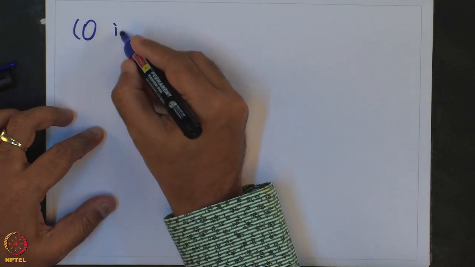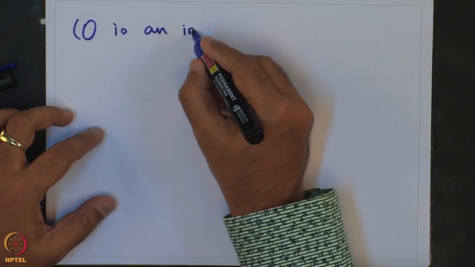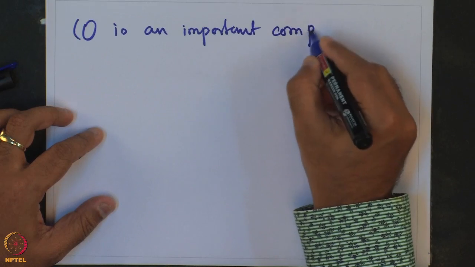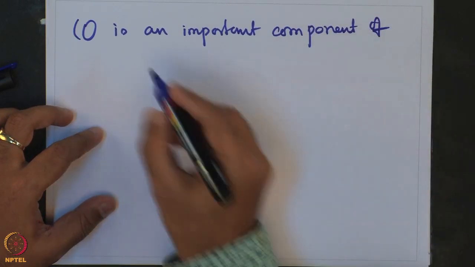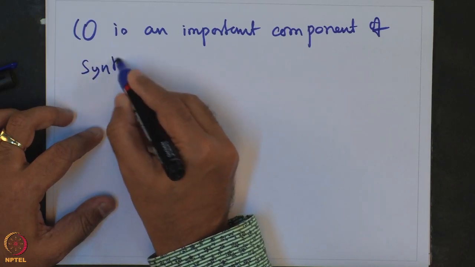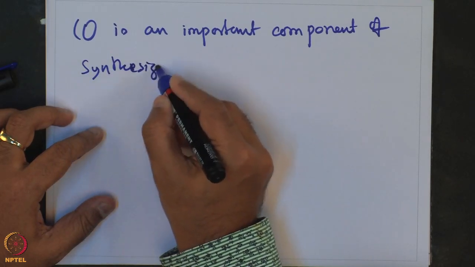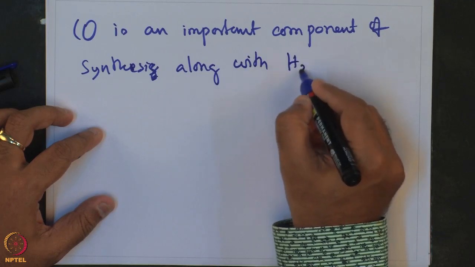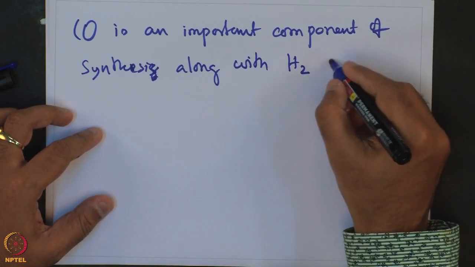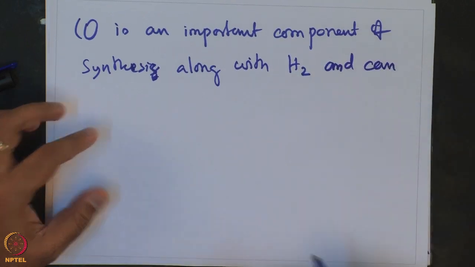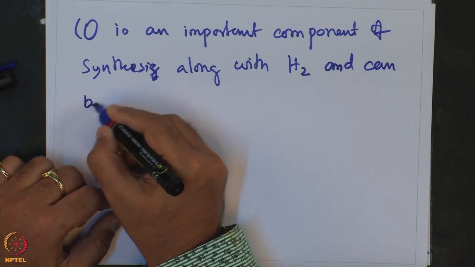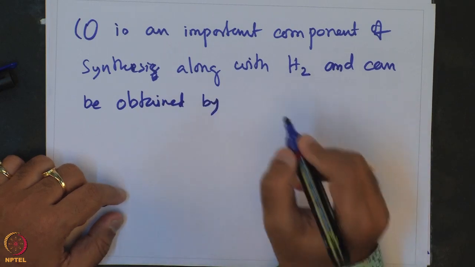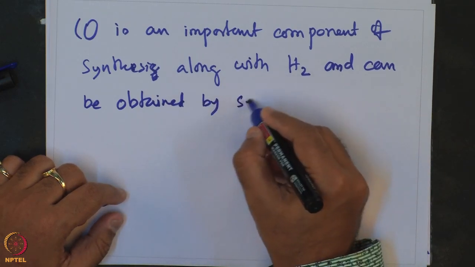CO is an important constituent component of synthesis gas, along with hydrogen, and synthesis gas can be obtained by several pathways.